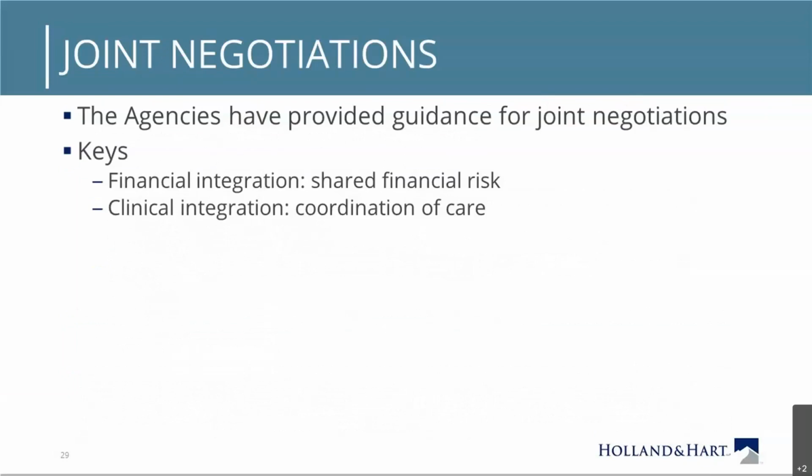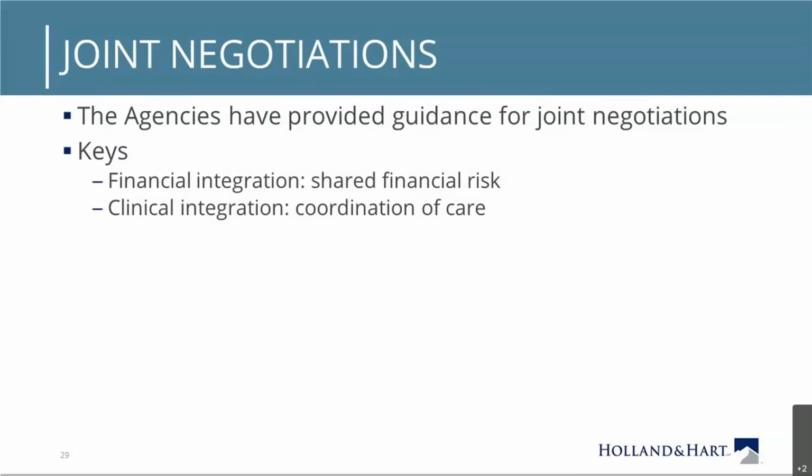This pops up a lot in healthcare too, where parties want to get together to negotiate jointly. It comes up especially in the context of negotiating insurer agreements. The agencies have provided some guidance on this at a very high level. If the parties to the joint negotiations are financially integrated, where they share financial risk, or if they are clinically integrated, where they coordinate care, and there's much more to it than that.